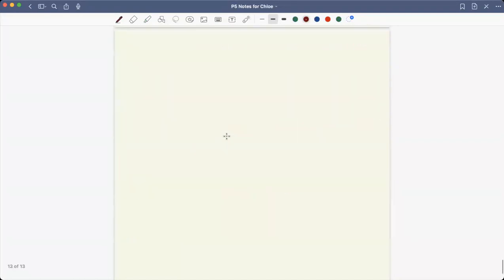Okay, there's still some more. Guess and check. Okay, so what do you see? Two objects.